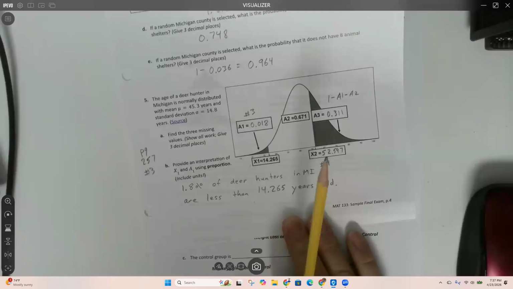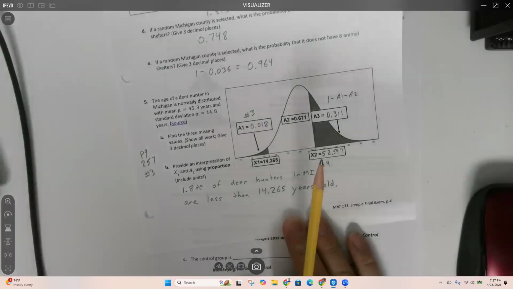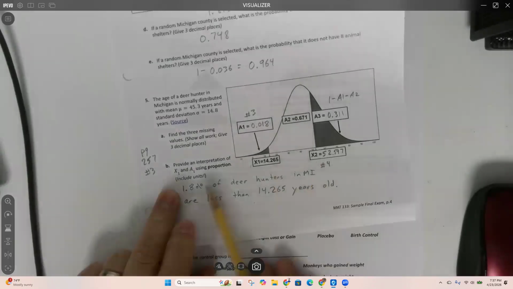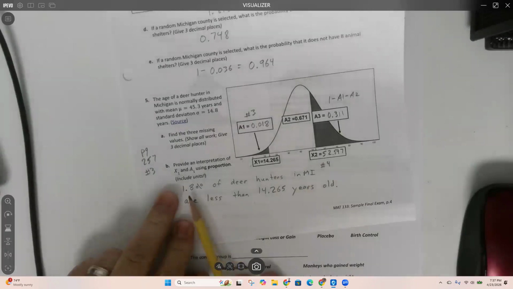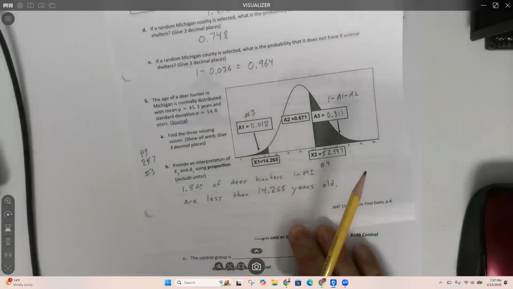But we did talk about two different ways of interpreting when you have proportions like this. One was using proportion, which we just did. So you write out the proportion as a percent. The percent of your data is less than, and then you write out what the X value is. Yeah, we wrote it in the notes. The other way is writing it by probability, which is if a random deer hunter in Michigan was selected, the probability that they are less than 14 years old is 0.018.